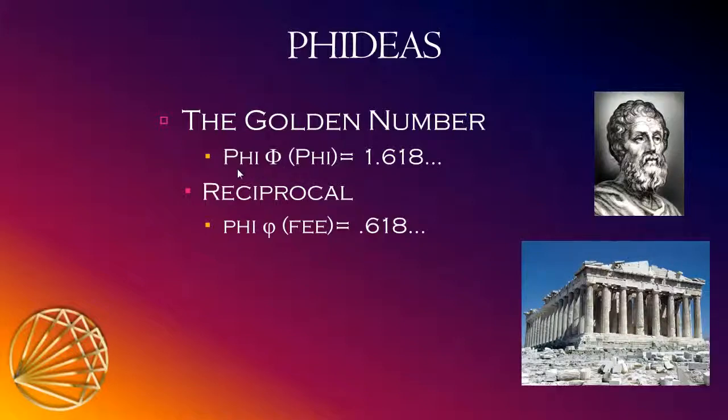When they write down phi, they use a capital Phi to describe 1.618. The reciprocal of 1.618 is called phi too, and a smaller, lowercase phi in Greek is used. And notice when we're writing it in Latin letters, we use the small p to describe 0.618. So there's a difference between the two.